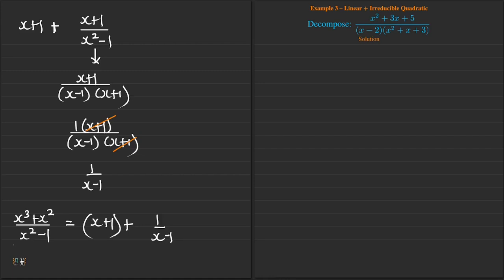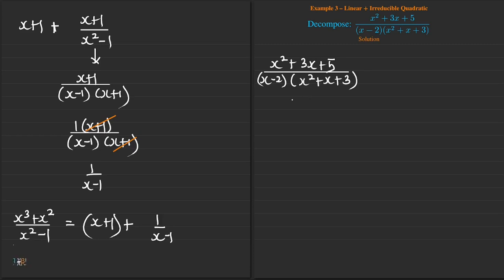So looking at the question, it says 2x squared plus 3x, then plus 5 all over x minus 2, and then x squared plus x plus 3.